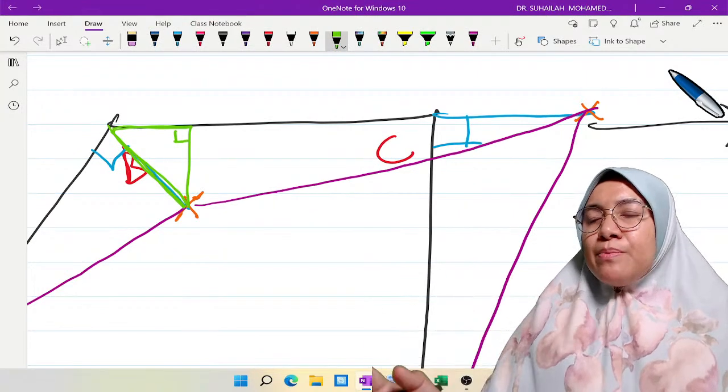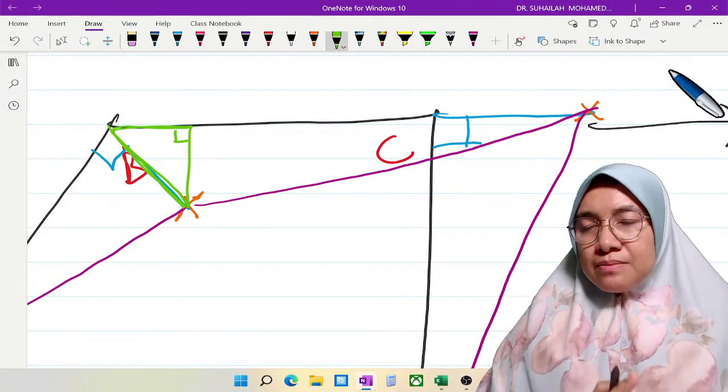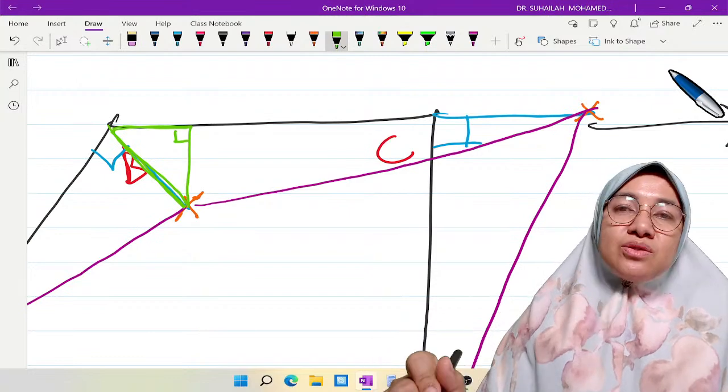For the beam, which is a horizontal element, the delta is vertical. So this is the triangular.